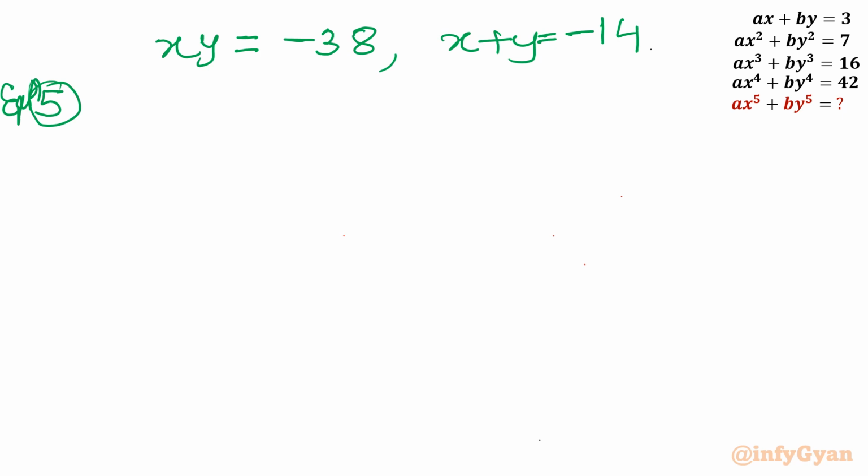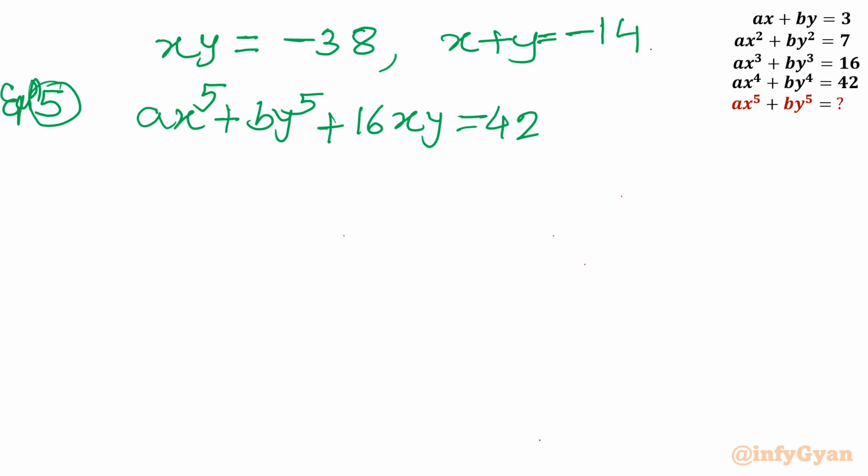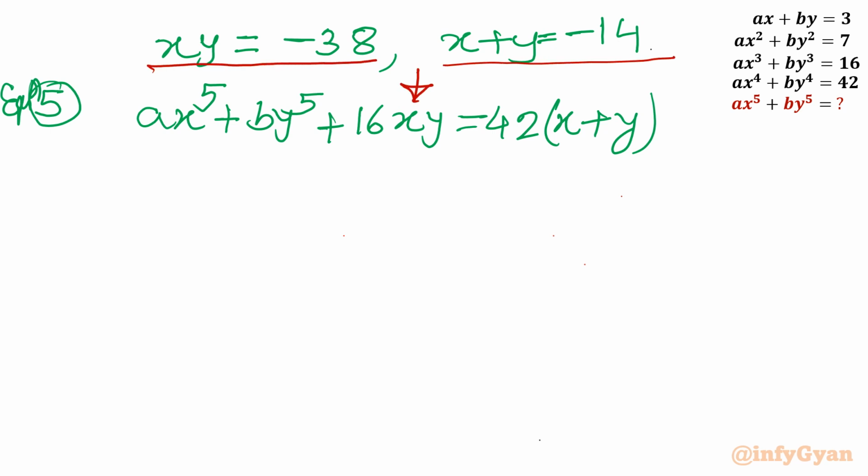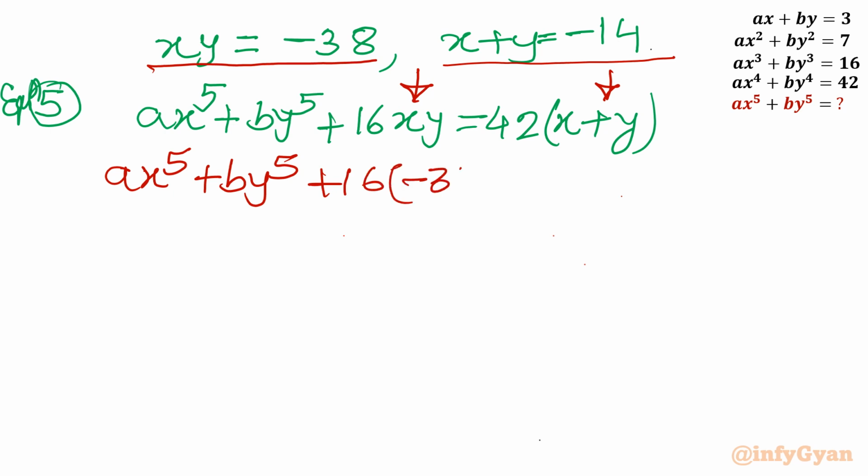Equation 5 was ax power 5 plus by power 5 plus 16xy equal to 42 times x plus y. Put all the values which we know, xy and x plus y, here. We will be having our required expression ax power 5 plus by power 5 plus 16 times minus 38 equal to 42 times minus 14.